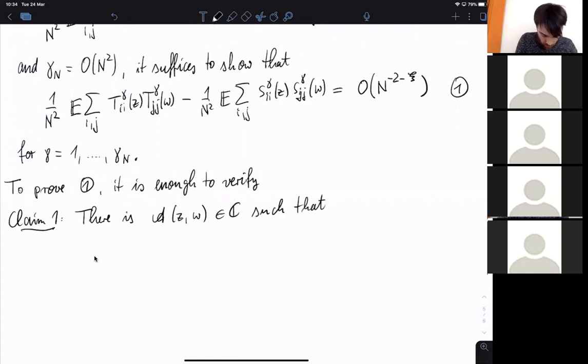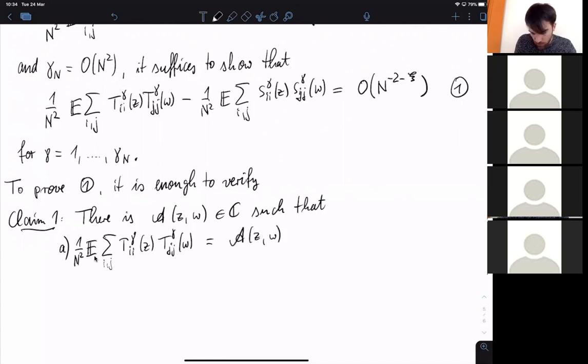Part 1: if I take the expression above for the t, so t_{ii} and t_{jj} of gamma, w, this is equal to A_z of w plus an error term of the size that we had before, n to the minus 2 minus xi.